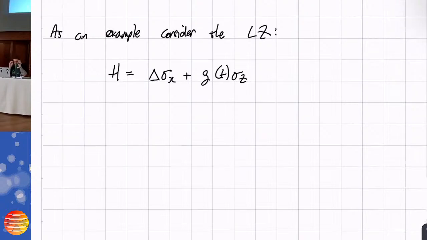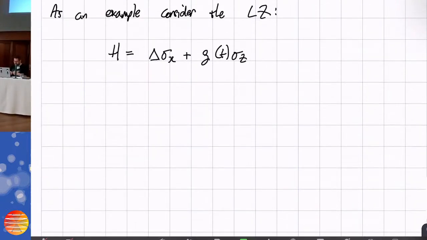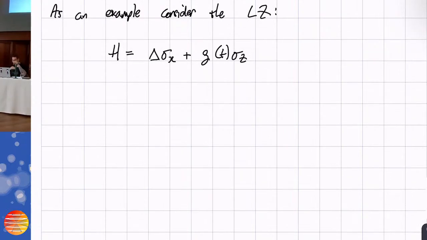It's a typical two-level system that I'm going to mess about with. I have delta, whatever the minimum energy gap is between the two eigenstates, and the time dependence enters through this ramp, g of t, applied to some field, just imagine it as some applied magnetic field.